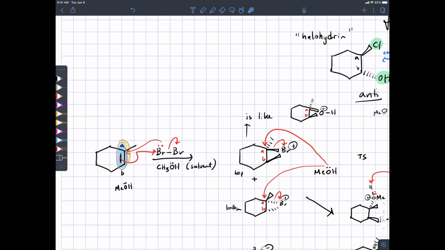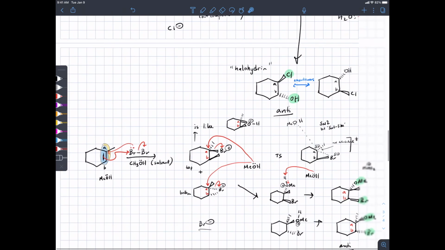With both halogenation and halohydrin formation, we get only the anti-products, but with hydration and hydrohalogenation, we get a mixture of syn and anti-products. So I know this is a lot. You're going to have to practice it, but focus on the commonalities between these mechanisms. See them as different manifestations of the same basic principle. All right, see you Friday.